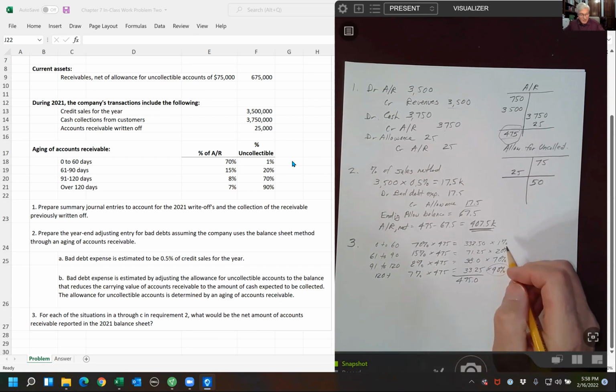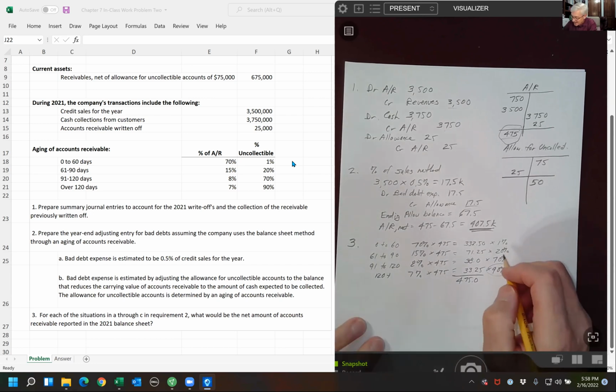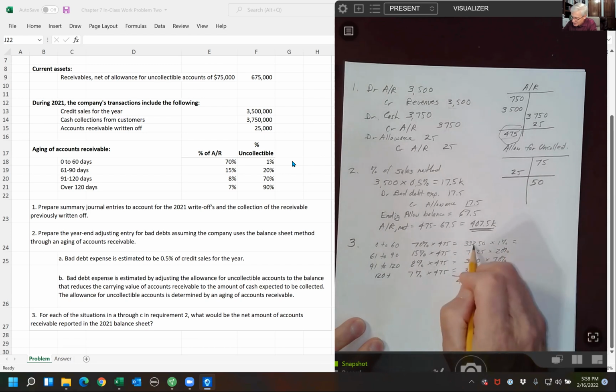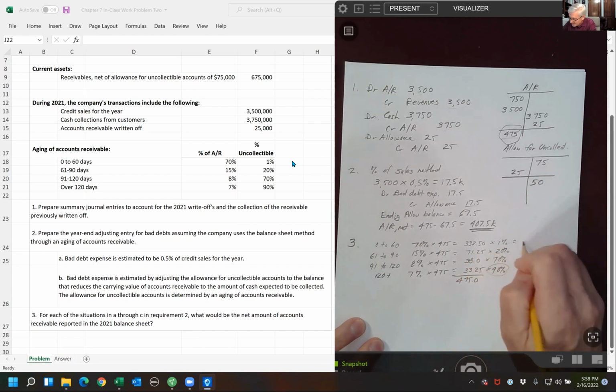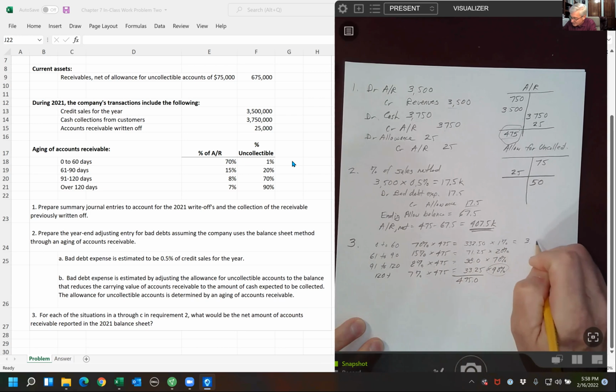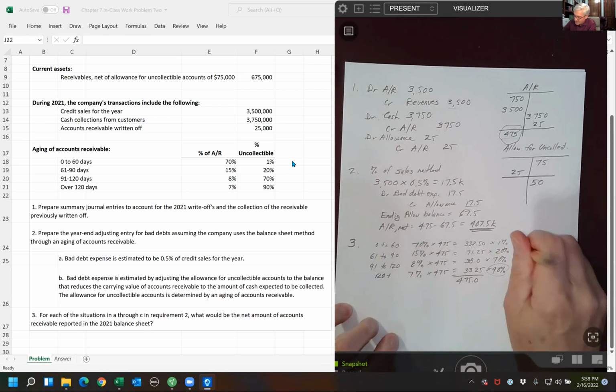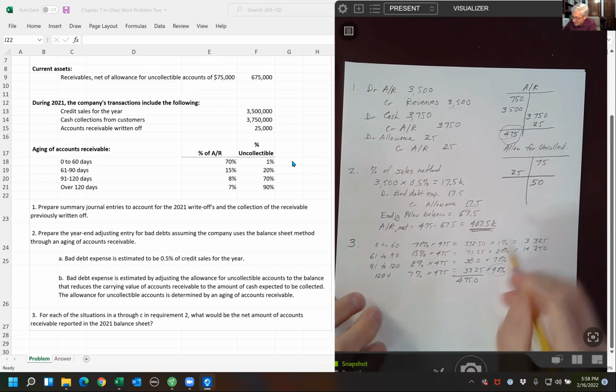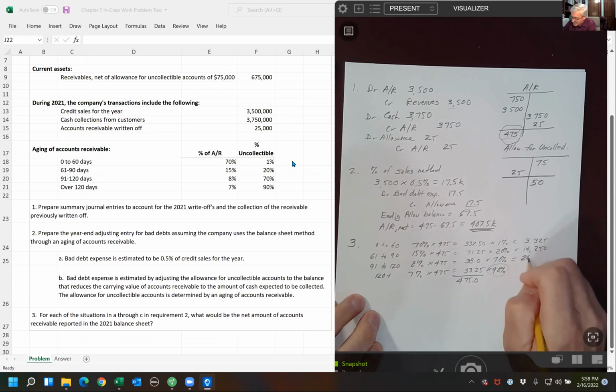All right, let's just take these out. 332.50 times 1%, 3,325, 14,000. I'm still going to use my decimals and keep it in thousands.